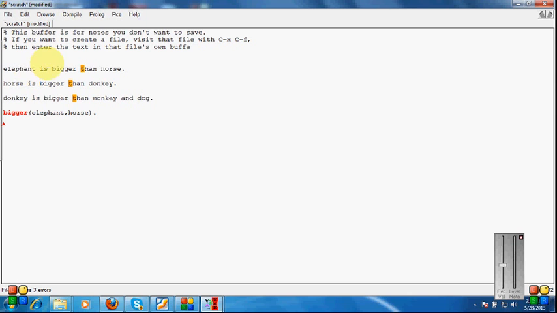Now I have taken all the knowledge hidden in this sentence in the form of the Prolog syntax, that is how to convert a natural language statement into the equivalent Prolog syntax. These constants, okay, ground truths, are individually true. Elephant is there, it is true. Horse is there, it is self true.